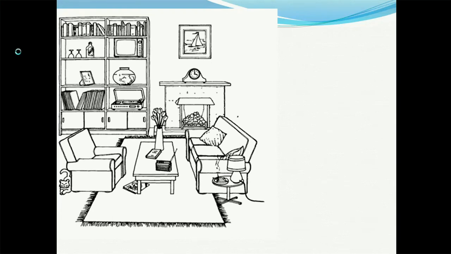See, there are so many items, so we'll just go through a few items in relation to other items. All are nouns. The first one: the clock is on the mantelpiece. The painting is above the fireplace.